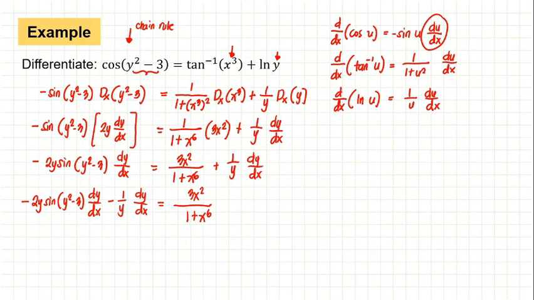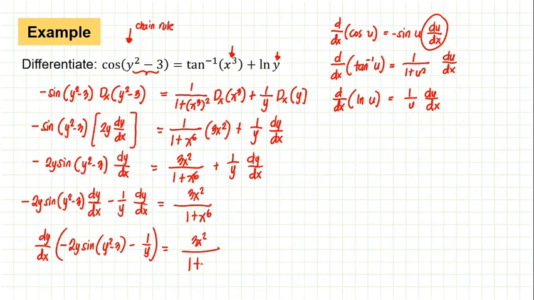So first, we will factor out dy over dx. So we will have dy over dx times negative 2y sine of y squared minus 3, then minus 1 over y, equal to 3x squared over 1 plus x to the power of 6. And from that, to solve for dy over dx, we will just divide both sides by this factor here.